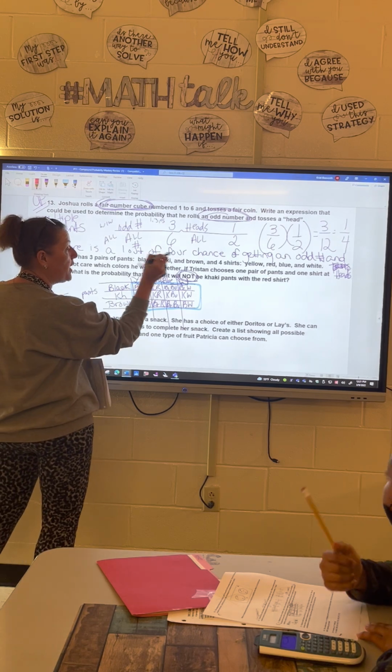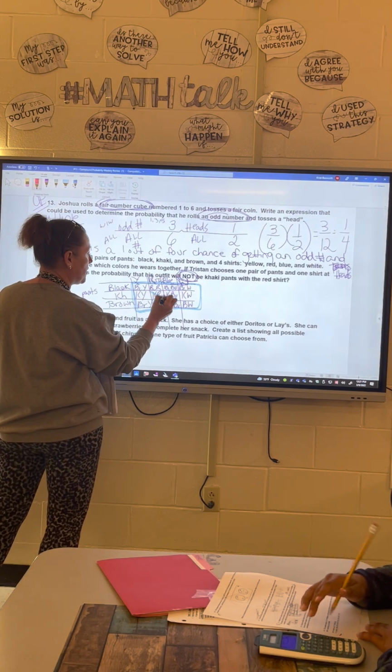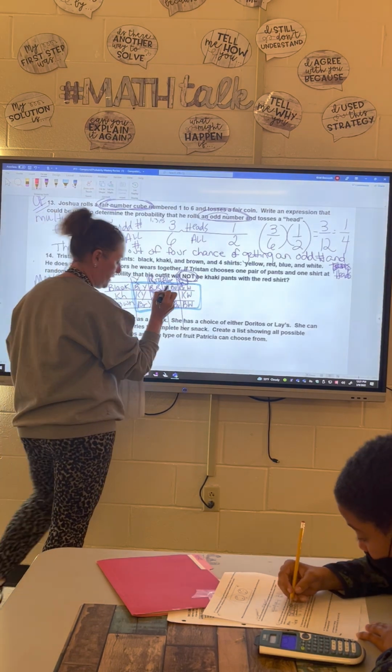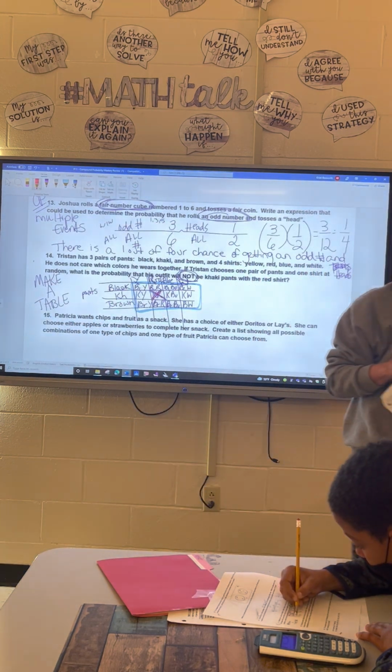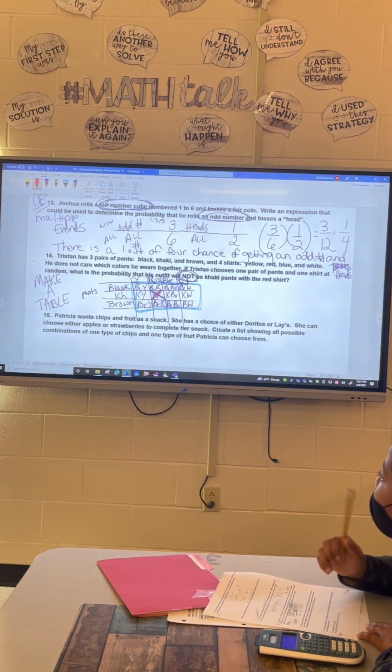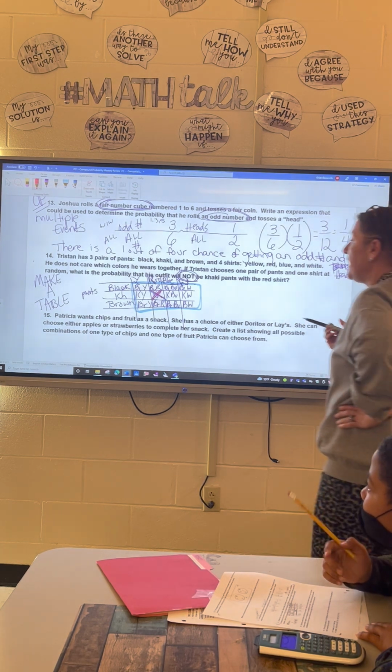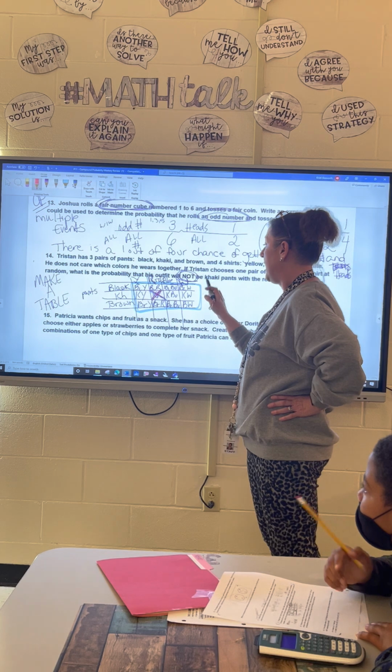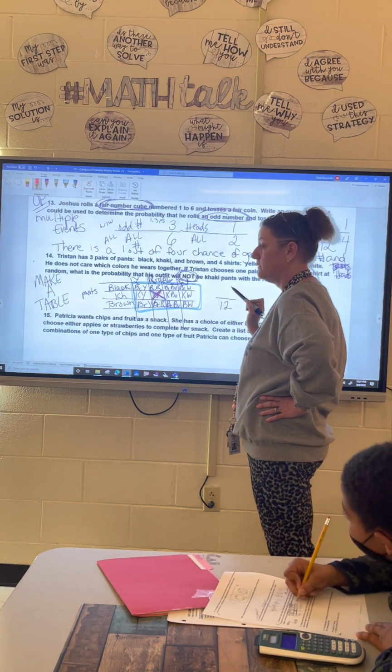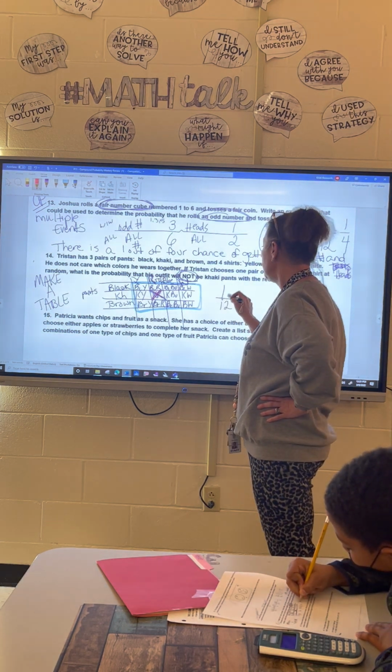Alright, so I do not want khaki pants with a red shirt. So I'm going to mark that one out. Khaki pants with a red shirt. I don't want that one. Right? So what do I have left? I had a total of 12. There are 11 left.